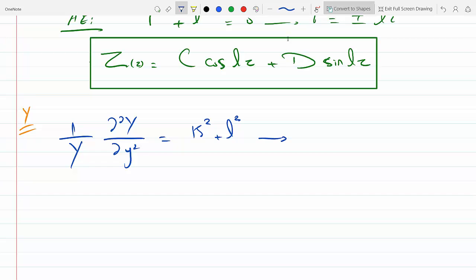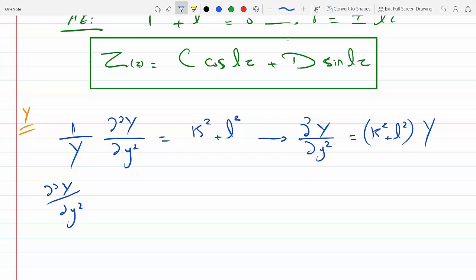Separate the variables, same as before. You get d squared Y over dy squared equals k squared plus L squared, which has to be a positive number now, times Y. Move it to the left, so you get d squared Y over dy squared minus k squared plus L squared times Y equals 0.